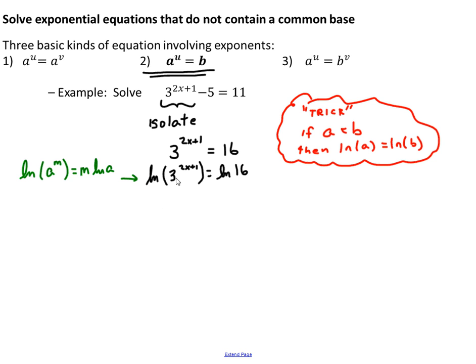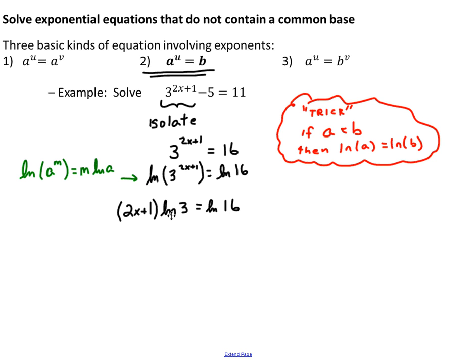So let's apply that right here. In this case, our exponent of 2x plus 1 can come down as a multiplier in front of the natural logarithm of 3, and we set that equal to the natural logarithm of 16.